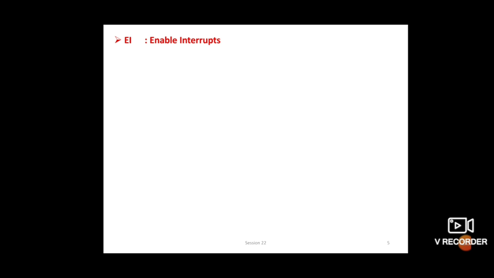Now in this instruction there is no operand. See here, only EI is written. Okay, no operand is there. What is the format? EI: E means enable, I means interrupt. Enable means 1, disable means 0. E stands for enable. Enable means active.